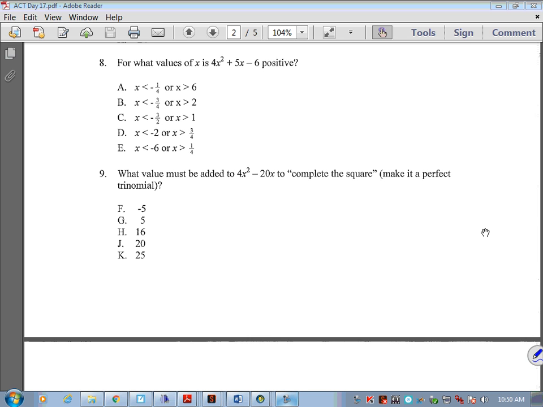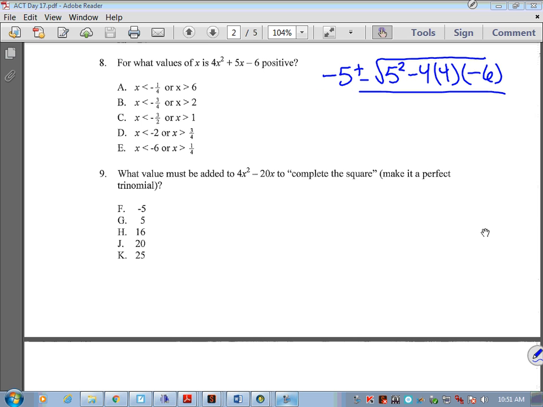So negative b is going to be -5 plus or minus the square root of 5 squared minus 4 times 4 times -6, all over 2 times 4. Okay? We've got -5 plus or minus, we got 25. Let's see, what is -16 times -6?